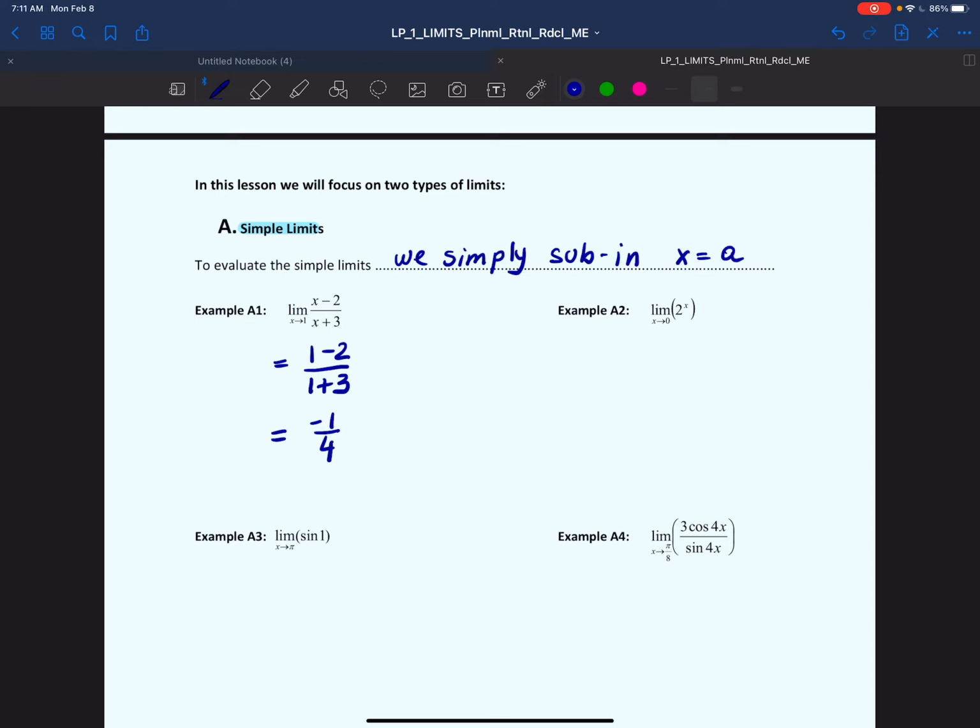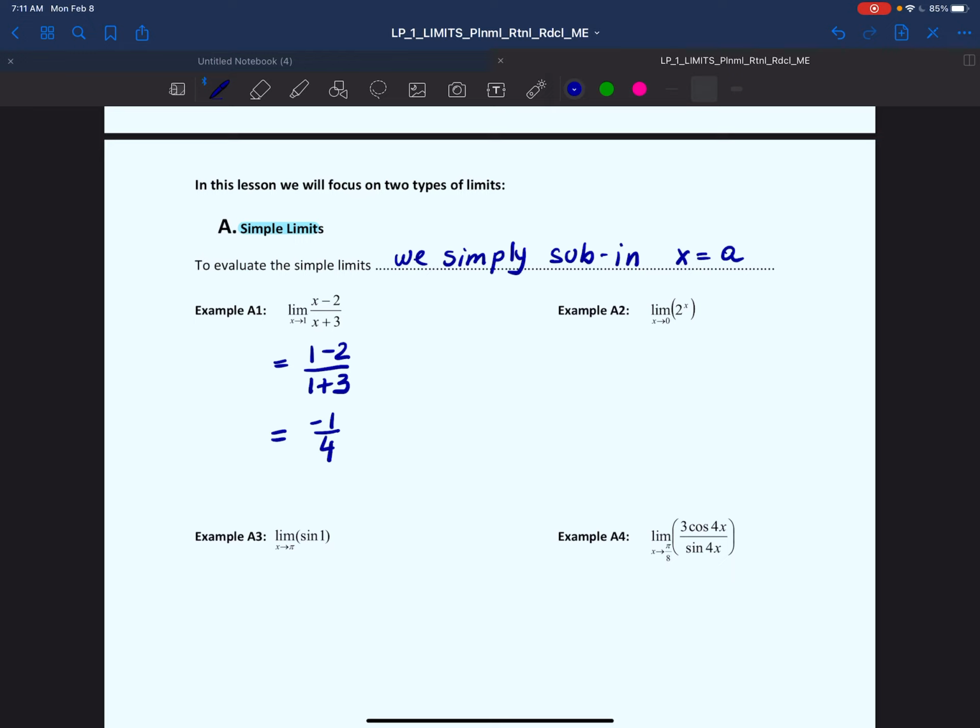Remember that in simple limits, we are able to evaluate the function at a point without having to do any work on the equation of the function. When this happens, it means that the function is continuous at x equals 1 because the limit is found in the same way as evaluating the function at a point.